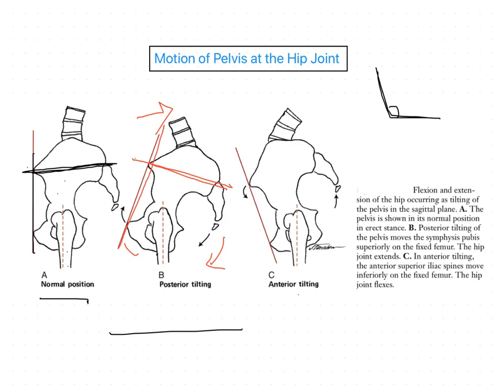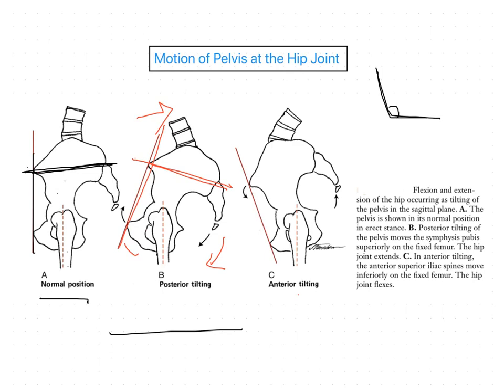Okay, so what happens here is that hip joint extension via posterior tilting of the pelvis brings the pubic symphysis up and the posterior aspect of the pelvis closer to the femur, rather than moving the femur posteriorly on the pelvis.